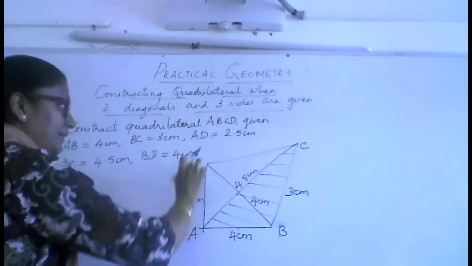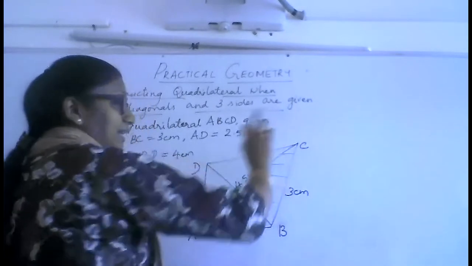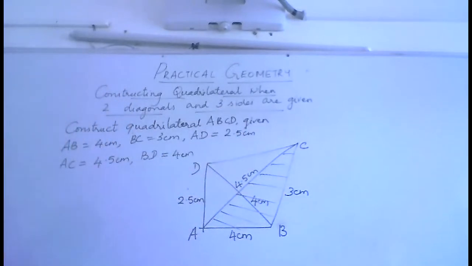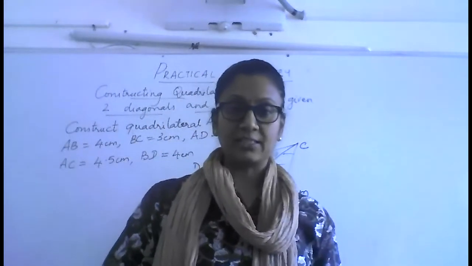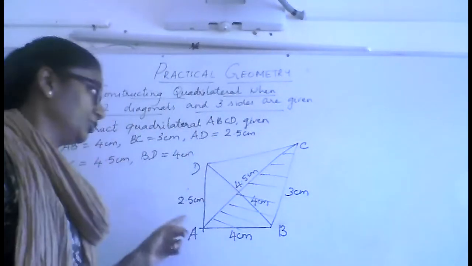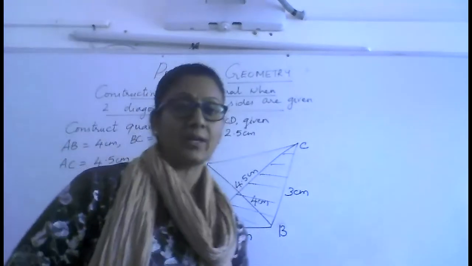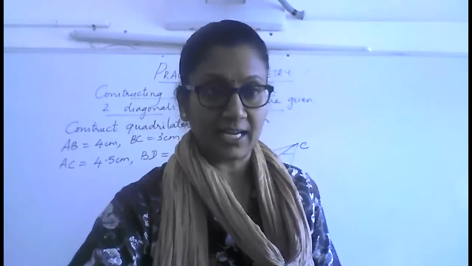When you construct ABD, the D will become visible. Then when you construct ABC, you will get C. Once you join C and D, your complete quadrilateral will be ready. So you are going to see this quadrilateral as two triangles whose three sides are known to you, ABD and ABC. So let us see how we can construct this quadrilateral by splitting it into two triangles.